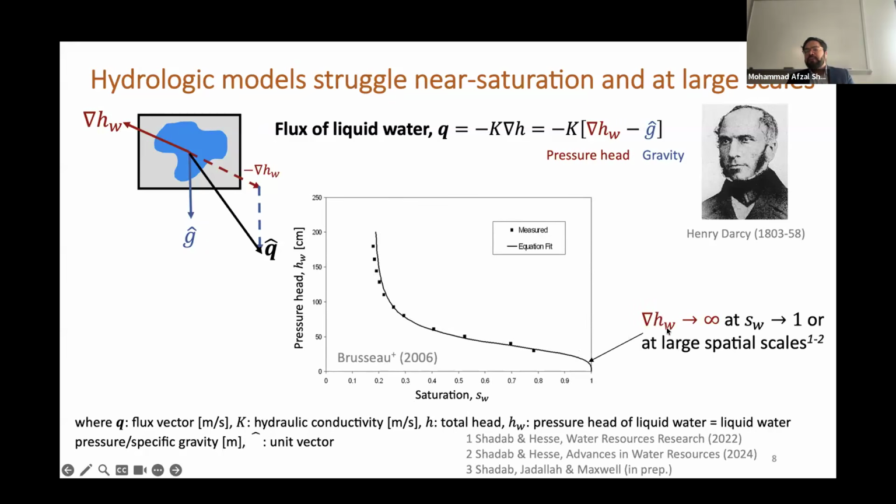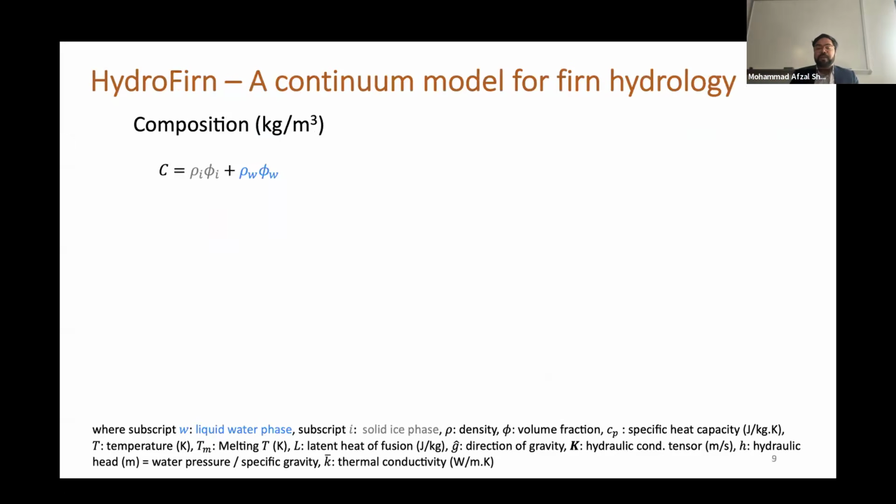This gradient term blows up close to complete saturation, or if you increase the spatial scales. So our fix was to just get rid of capillary forces and still be able to capture most of the physics. If we do that, we can now go to large scales without worrying about saturated and unsaturated regions. So now I will define our continuum model for large-scale and multidimensional firn hydrology called hydrofirn.